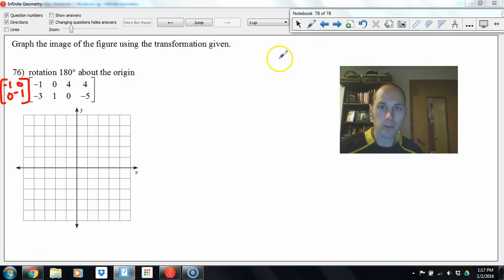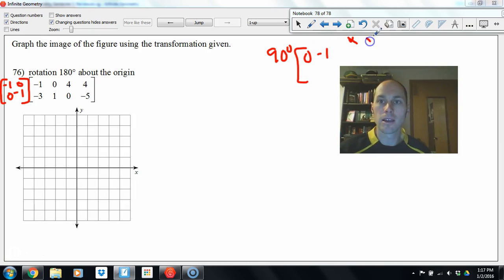With a 90-degree rotation, I'll just list those here in case you want those. We know that x, y becomes opposite y, x. So here we're taking the y and making it opposite, bring it to the x coordinate, and the x goes to the back.